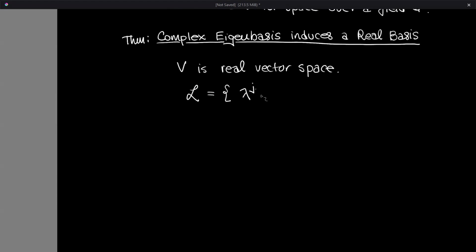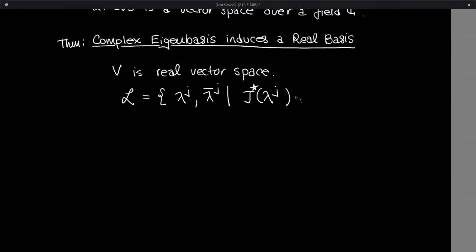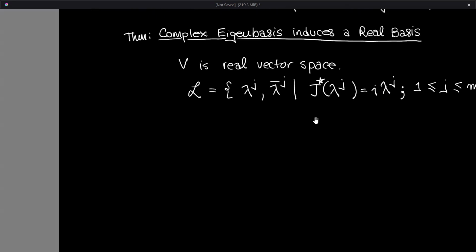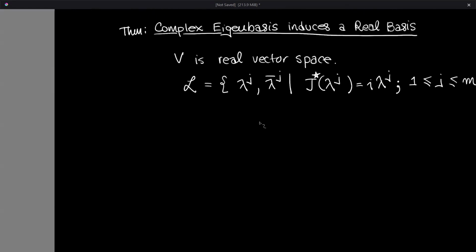Lambda j, lambda bar j, where J star of lambda j is equal to i lambda j, where 1 is less than or equal to j is less than or equal to m. That's our basis L. It's an eigenbasis for V star tensor C.